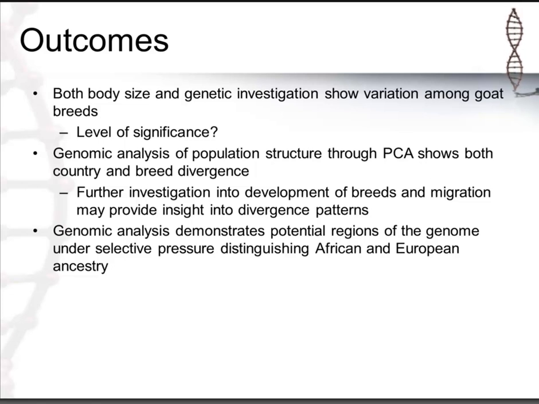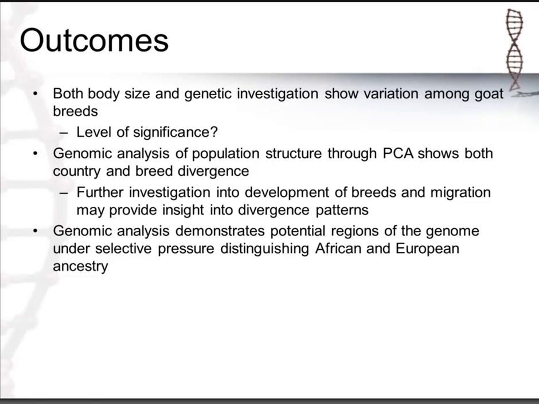Lastly, the genomic analysis demonstrates the potential for regions of the genome to be under selection when we compare the African versus the European ancestry. So all of this work with the African Goat Improvement Project is laying the foundation for identifying which are the unique populations and which are the more related populations.